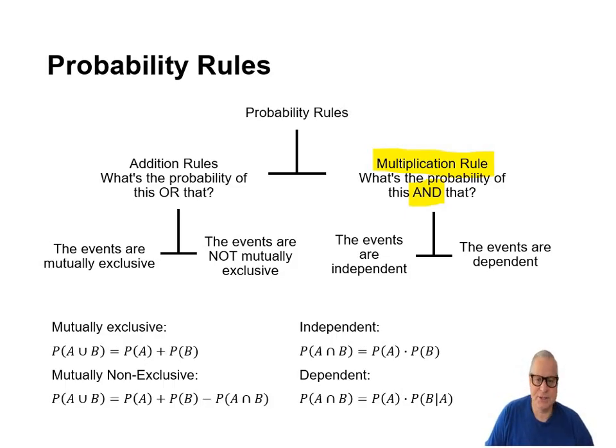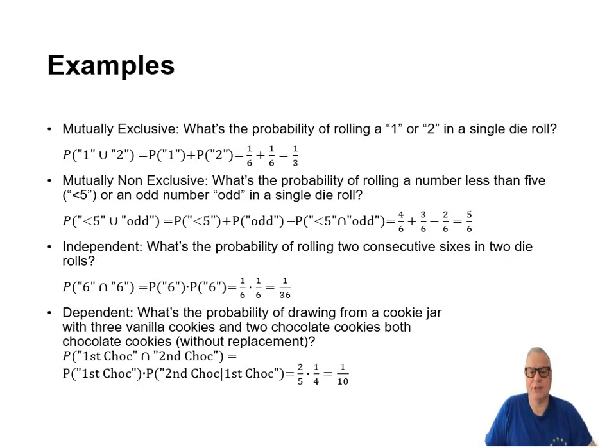Okay, so let's just do some examples and let's actually calculate some probabilities. So let's start with the addition rule for mutually exclusive events.